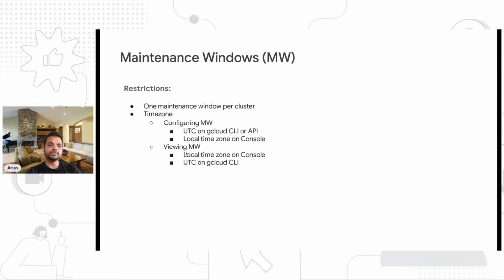And if you are viewing that maintenance window, it's local time zone again, as you are looking at it on your console. And if you are looking via the gcloud CLI, it's in UTC. So make sure that you understand the time zone, and double check, because these maintenance windows could be disruptive.